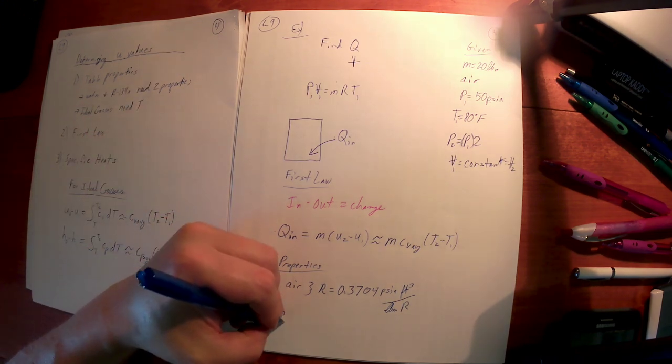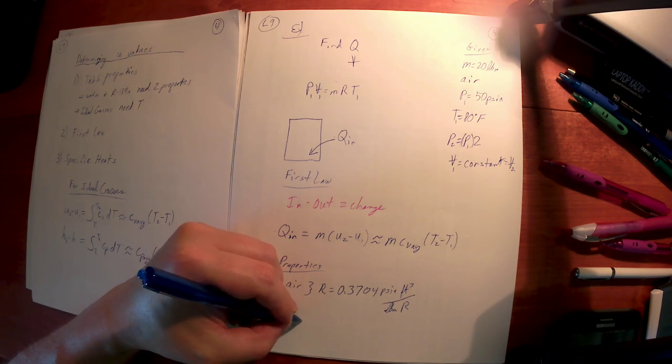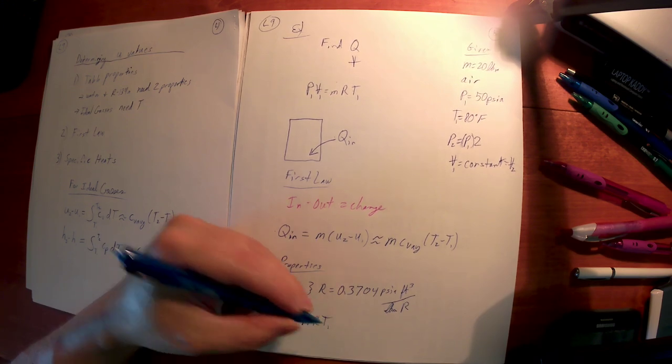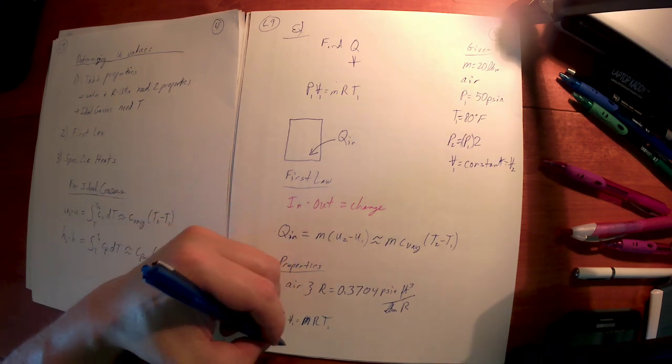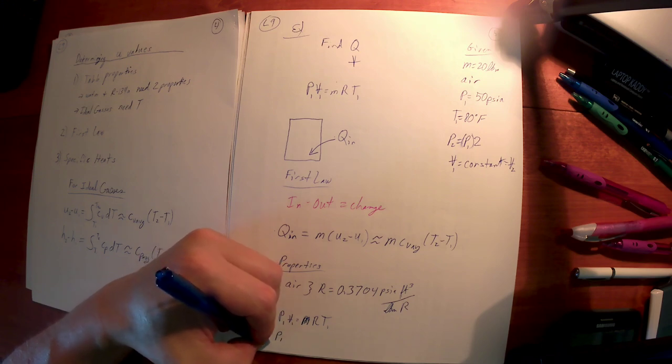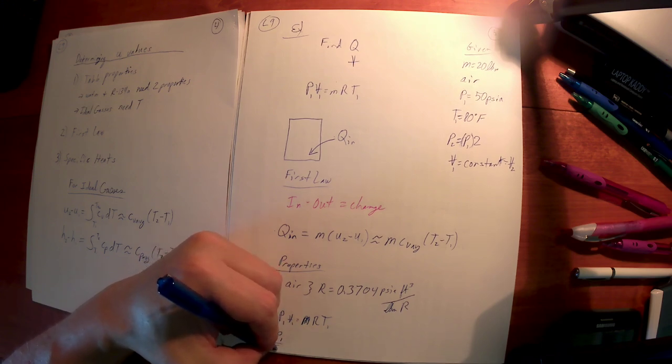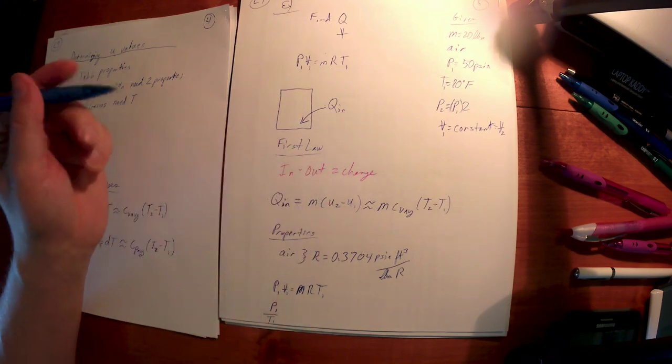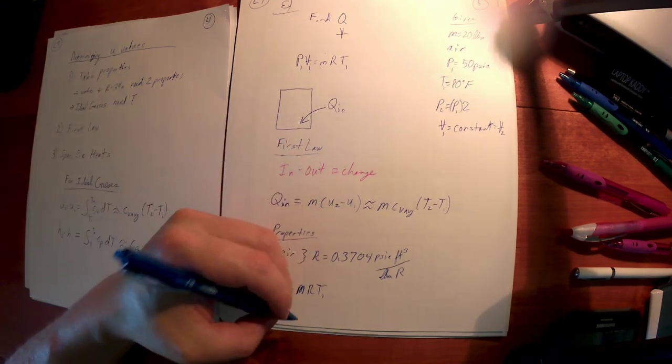So P1 V1 is equal to M R T1. And what I like to do with the ideal gas law when I'm going between states is move all of my variables to one side. So pressure and temperature can vary. Move my variables to one side, put my constants on the other.